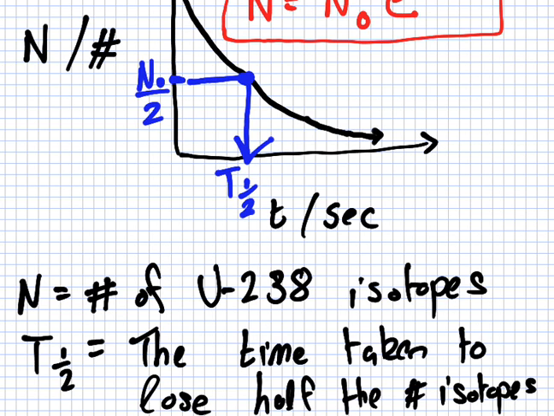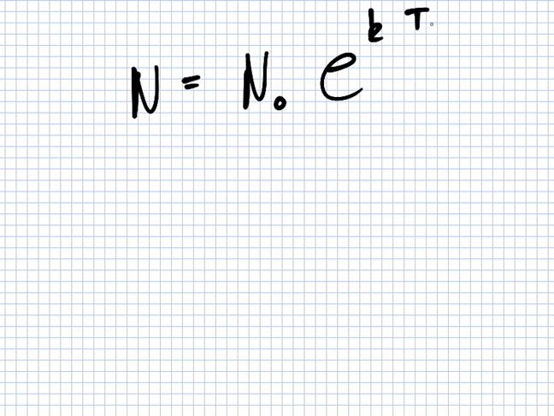Now, half-life can be related to decay. So let's look at the formula for half-life and k, because they can be related. Okay, so if I replace the t here with the half-life time, then what will the N be here if I start with N0? N0 over 2.